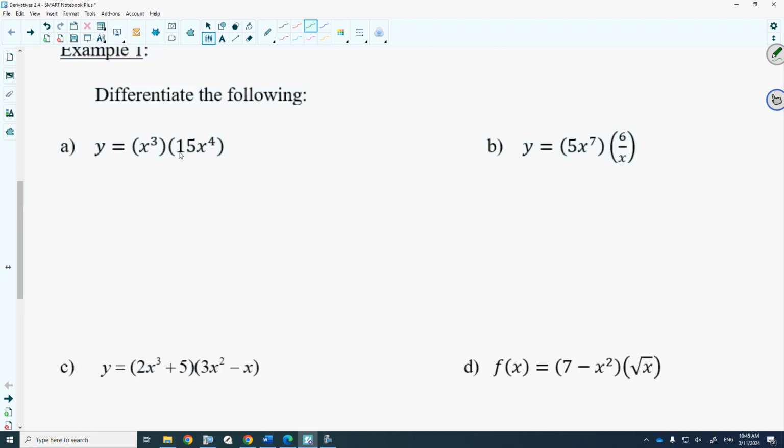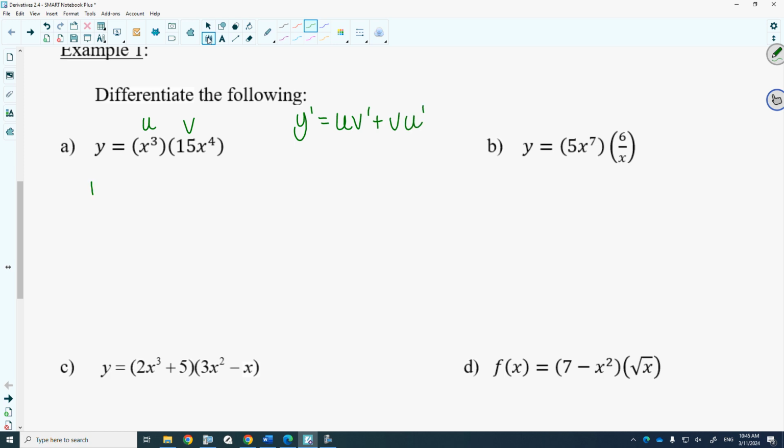So differentiate the following. I've got two different functions that are being multiplied together. So I'll show you the two different ways. Using the product rule, I'm going to call this first function u and the second function v. So the derivative y prime is going to be u v prime plus v u prime.